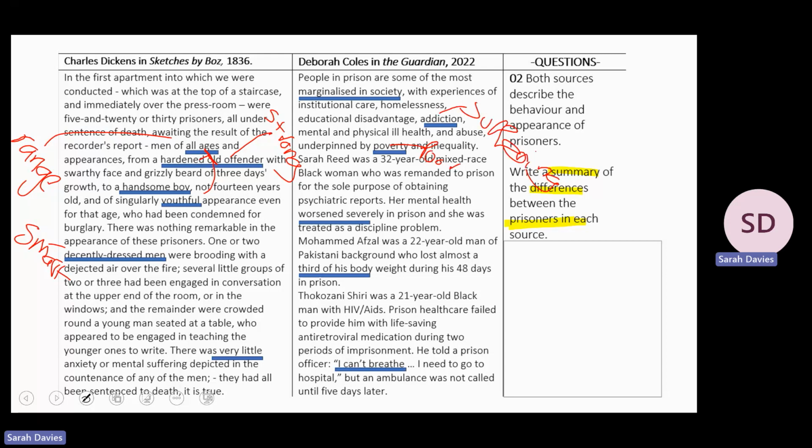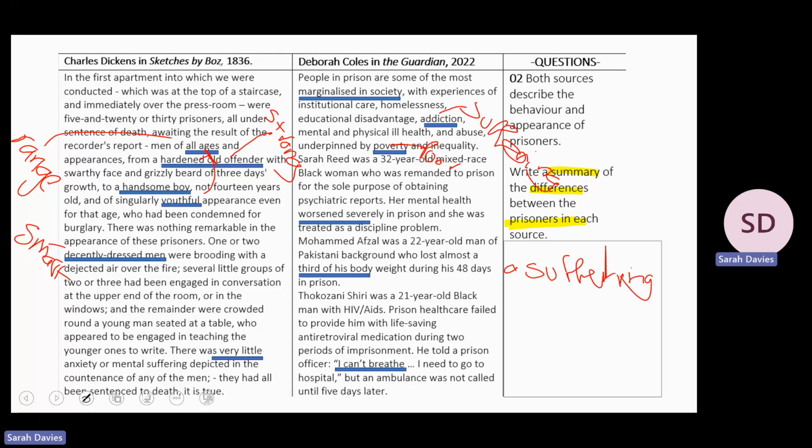And then I say to myself, right, before I start writing, it's about the differences. So what are the obvious differences in this case? Now, there are quite a few that we can talk about, but one that I might mention is the suffering, because it's clearer in source B that there is a lot more suffering going on.